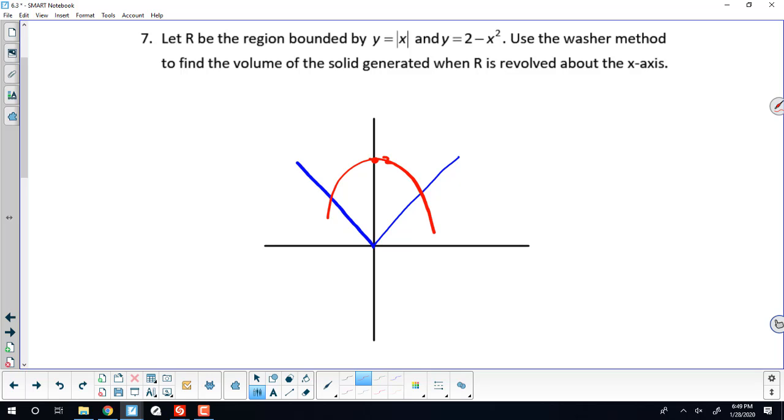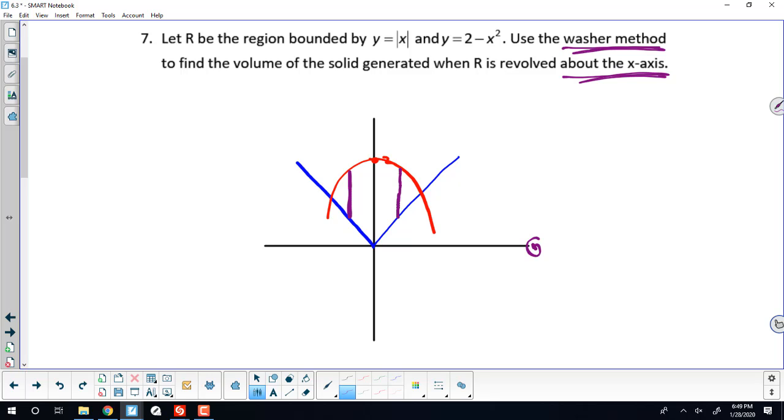And it says use the washer method to find the volume of the solid generated, revolved about the x-axis. In order to generate a washer, our slices or rectangles have to be perpendicular to the axis of revolution.